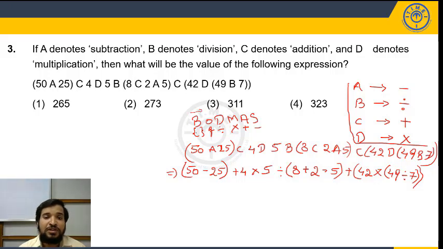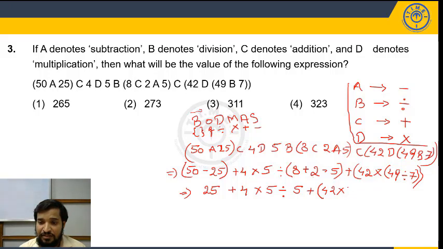So first we have to solve whatever is in the brackets. First 50 minus 25 is 25, plus 4 into 5 divided by, 8 plus 2 is 10, 10 minus 5 is 5, plus bracket open 42 into 49 divided by 7. 49 divided by 7 is 7.